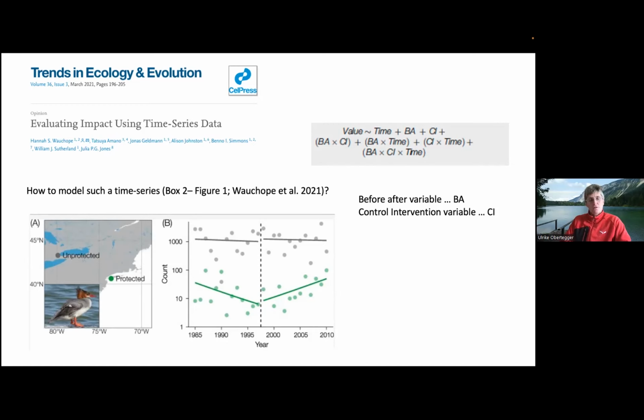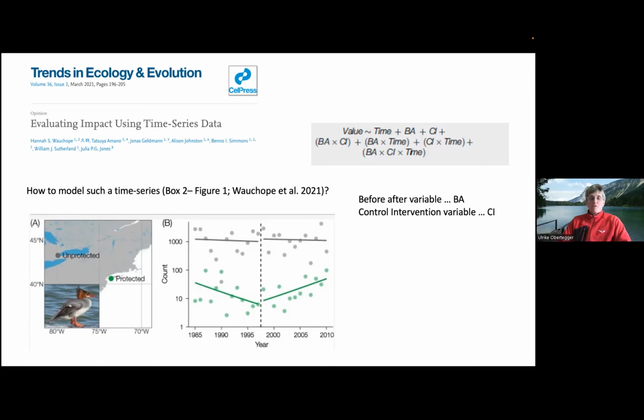And I was thinking, how would I analyze such a type of data? Before starting to do something fancy by myself, I had a look at box 2. And in box 2, as you can see here with the gray background, the authors proposed this formula. The value is the bird counts, dependent on time.